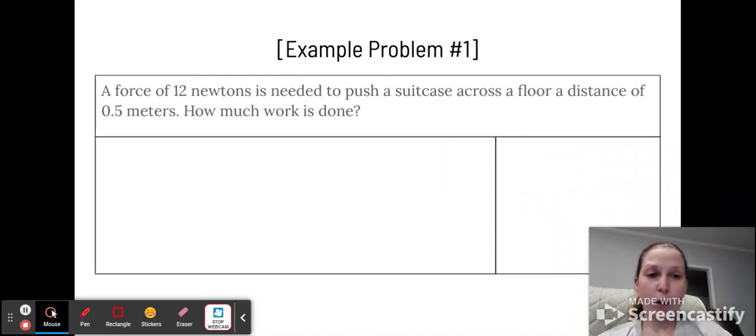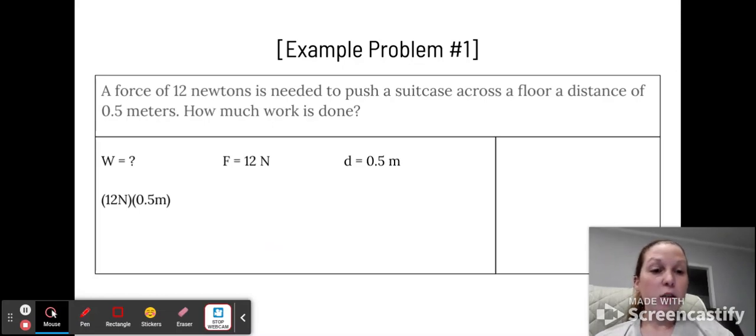So let's go ahead and quickly look at an example problem here. It says the force of 12 newtons is needed to push a suitcase across the floor a distance of 0.5 meters. How much work is done? So we've got our basic information from this problem. The force is 12 newtons, distance is 0.5 meters. We want to know the work. So we're going to take those two values and multiply them together based on our formula.